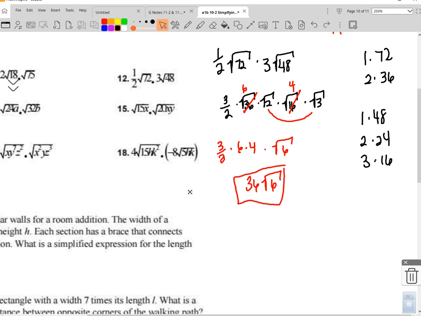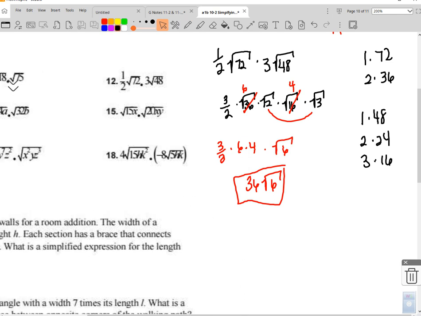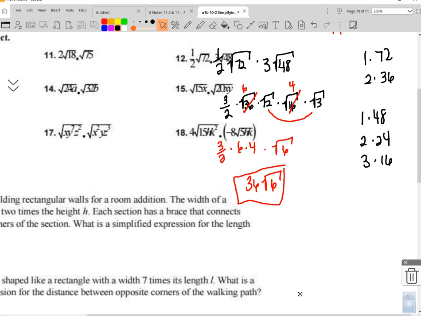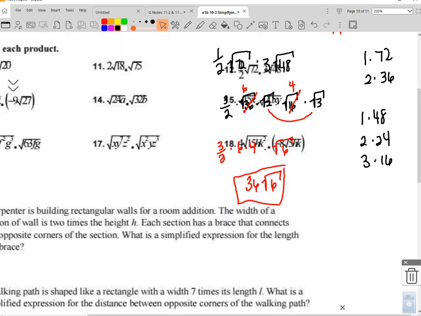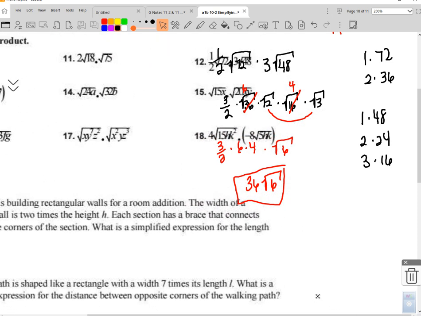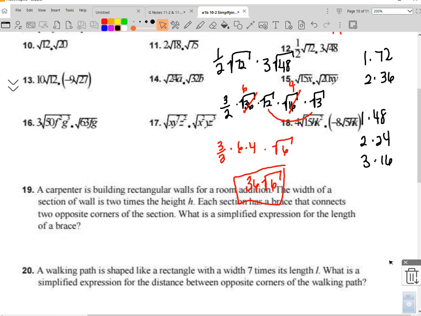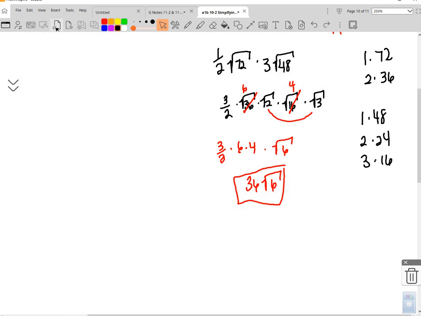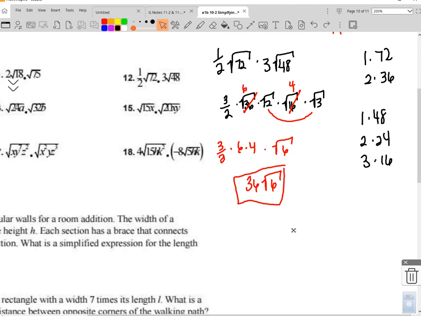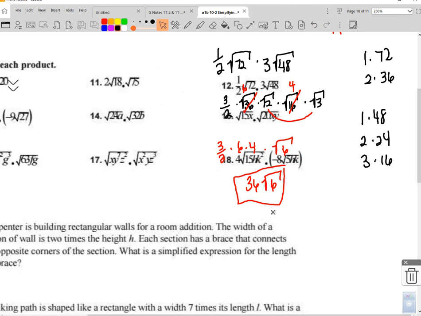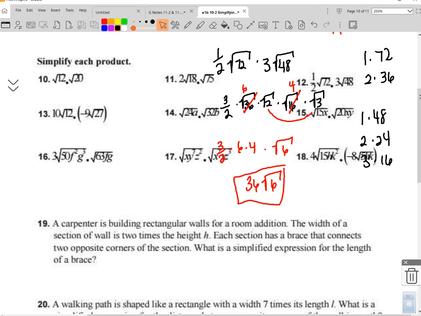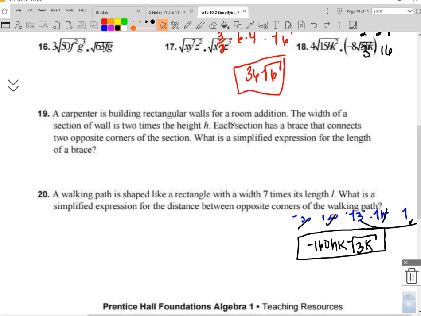Look at this word problem. Are you with me? What happened? There we go. All right, let's look at number 19 because it's similar to your 22.